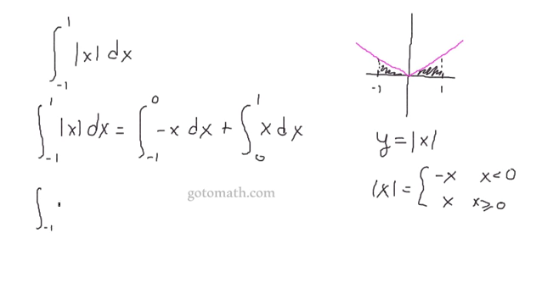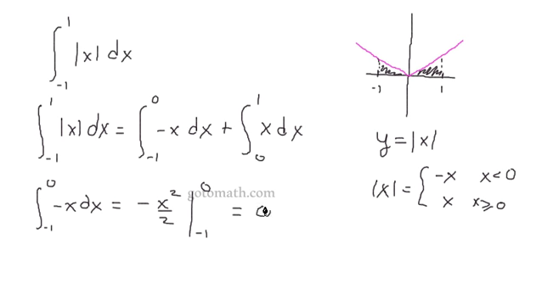Let's do that. The integral from -1 to 0 of -x dx is equal to, hopefully you have caught on at this point, we add 1 to the exponent and put it down below. Well, we do the upper bound first.